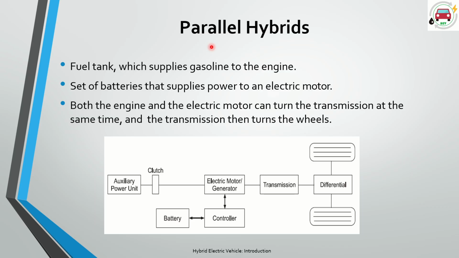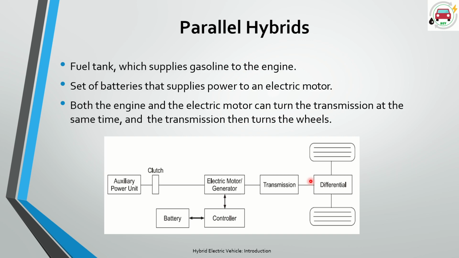So the batteries supply the power to the electric motor. Directly the battery is going to provide the electric current or power to one of the main sources of power to run the vehicle.